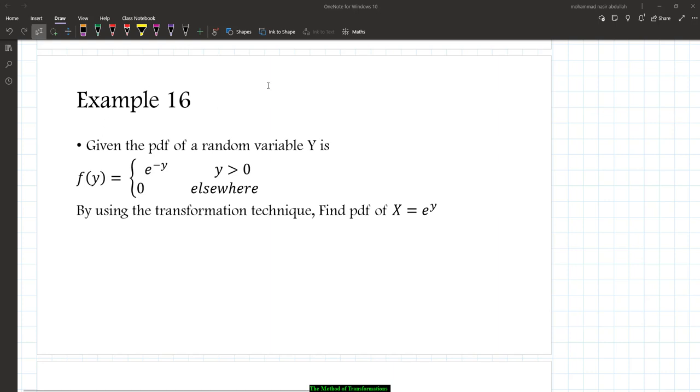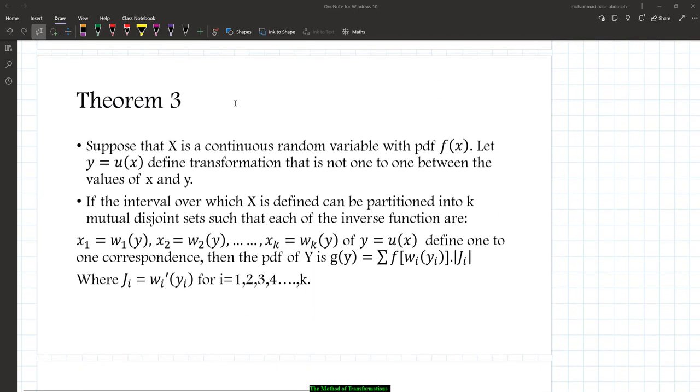Right, so I think before we go to theorem number 3, let's take a 5 minute rest for a toilet break. Okay, now let's look at theorem number 3.